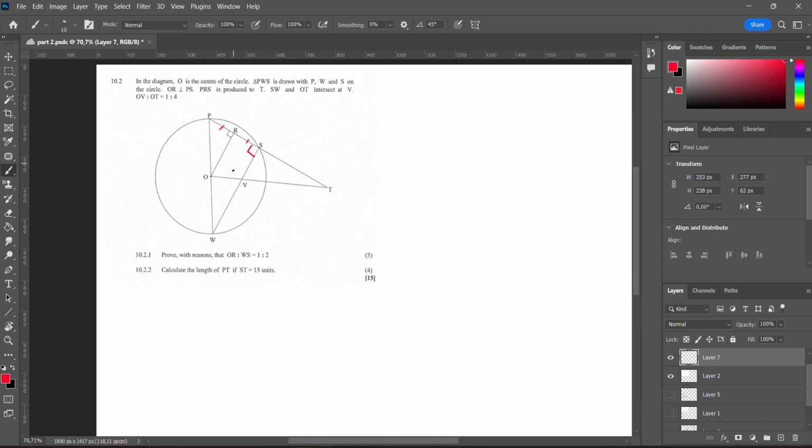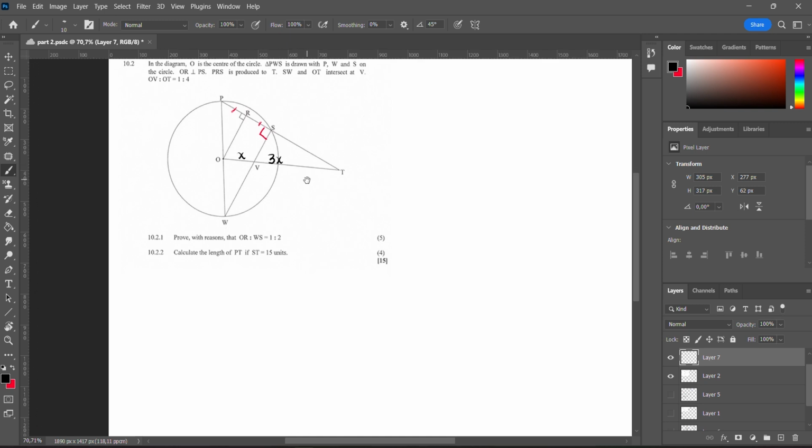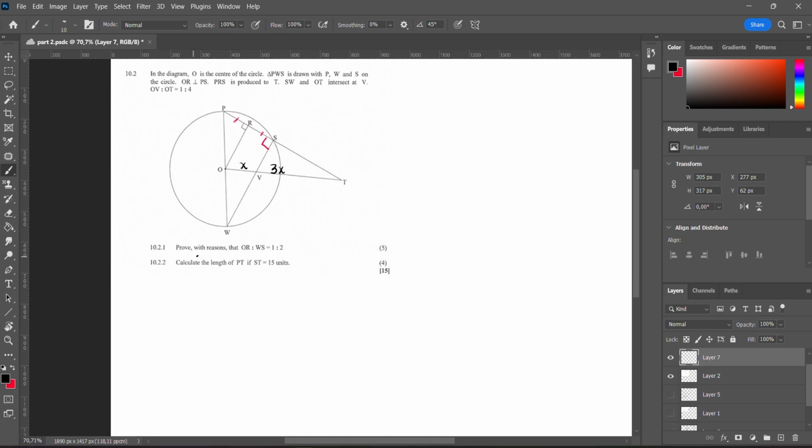That just means that if this was X, this would be 3X right there. So they say prove with reason why OR over WS would be 1 over 2.